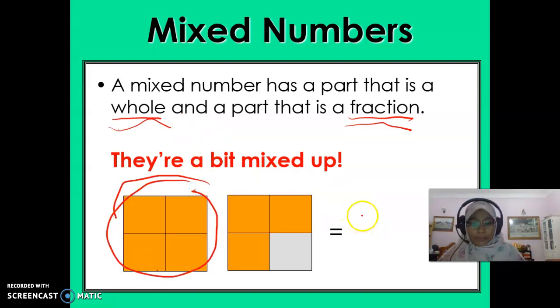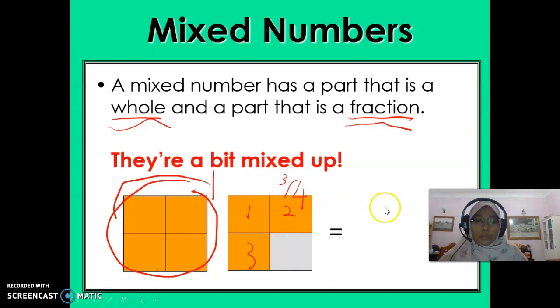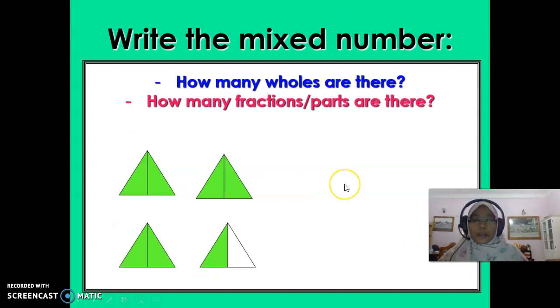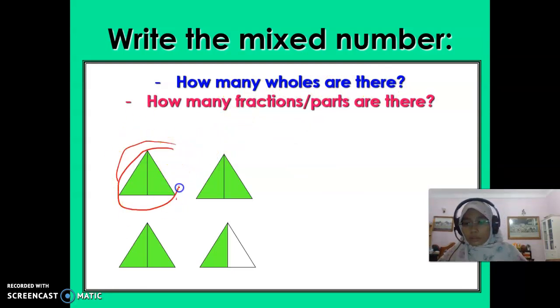is 1. This one is 1, 2, 3. So it's 3 over 4. This one is 1. So when we put both together, it will be 1, 3 over 4. Okay. Next example. How many wholes are there? 1, 2, 3.